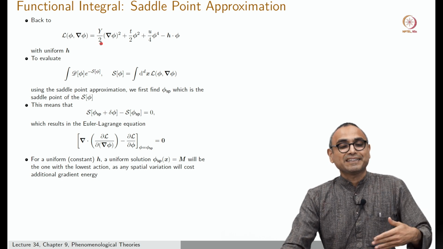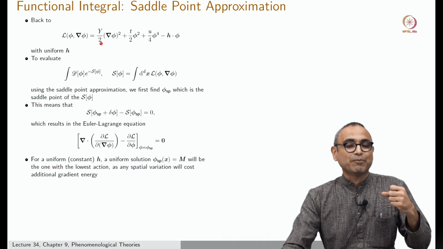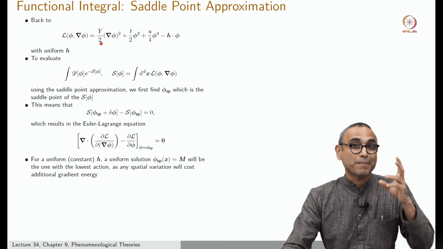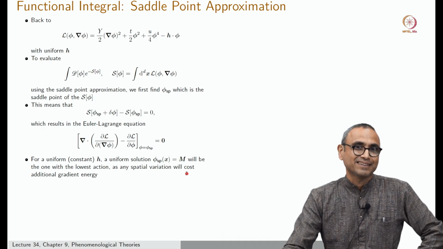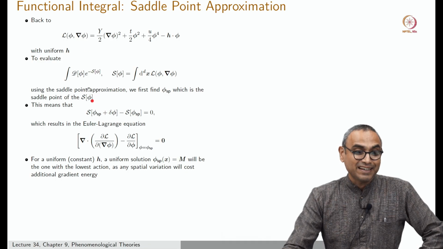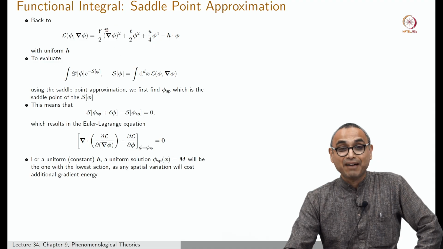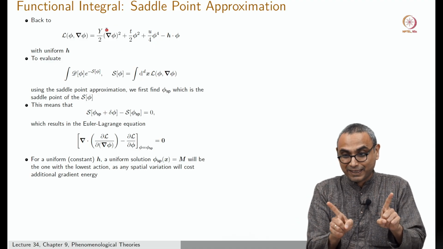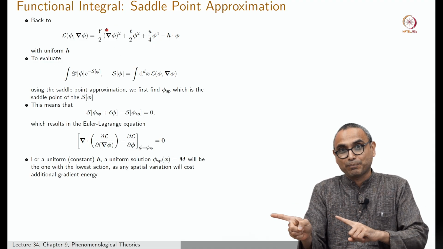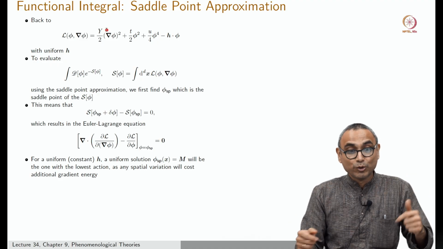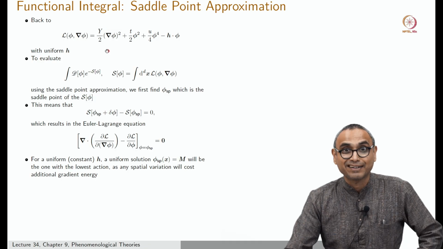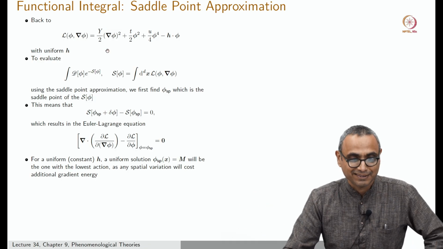Suppose I am looking for solutions where the magnitude of phi saddle point does not vary in space. Then certainly having the magnitude fixed but the orientation changing from point to point, like what we saw in the superfluid current flow case, will cost this extra kinetic energy, if you wish, right?